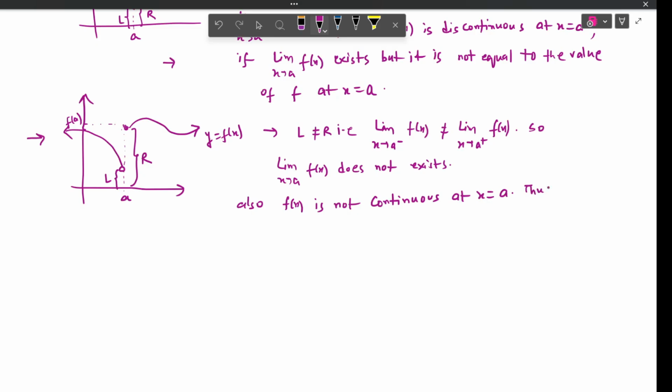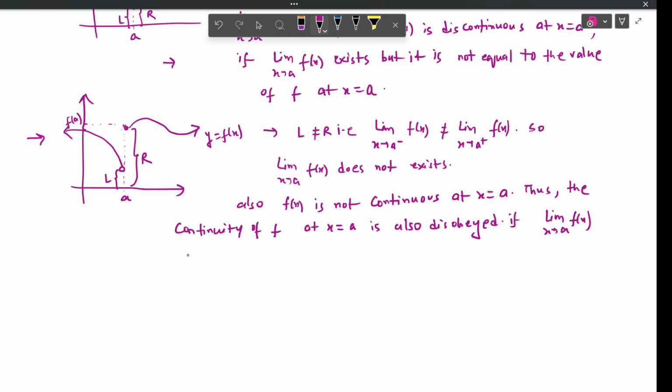So thus we can say the continuity of f at x equals a is also disobeyed if limit x tends to a f(x) does not exist, right?